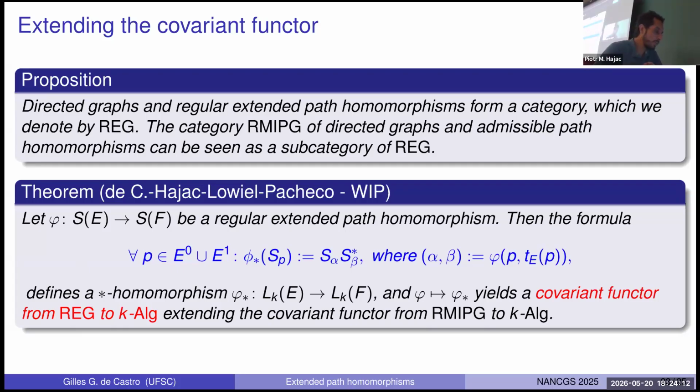Okay, so before I go to an example, I just want to say that for now we have the relation morphism, we have this extended path homomorphism, and they are not really compatible in a way. So there is already an idea for extending relations to also the inverse semigroups.